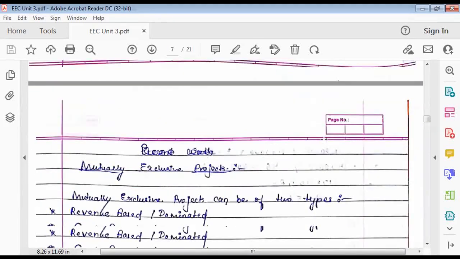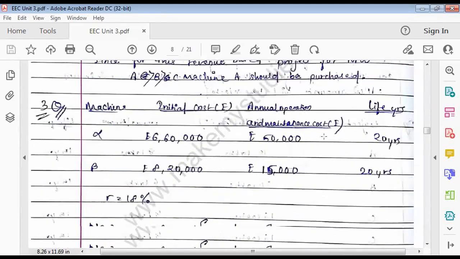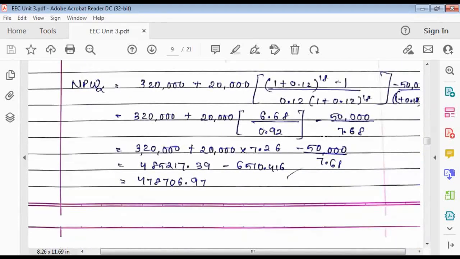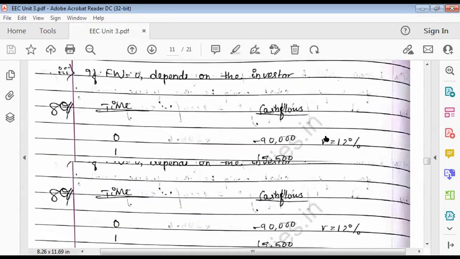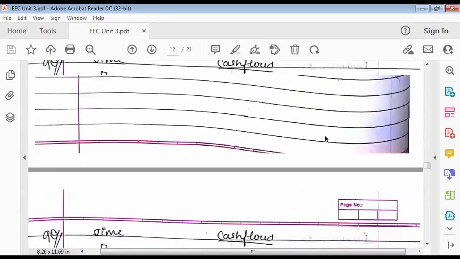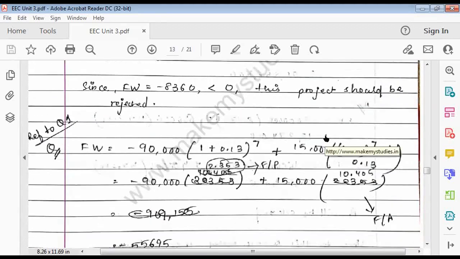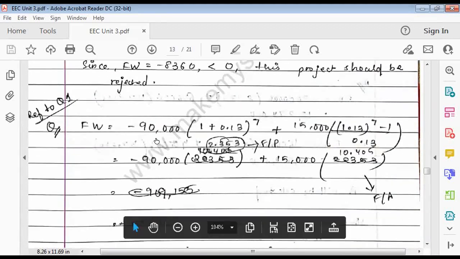So let me go to the solution. Now you see, two different formulas for the same question. Just look at the solution in case you understand, fine.